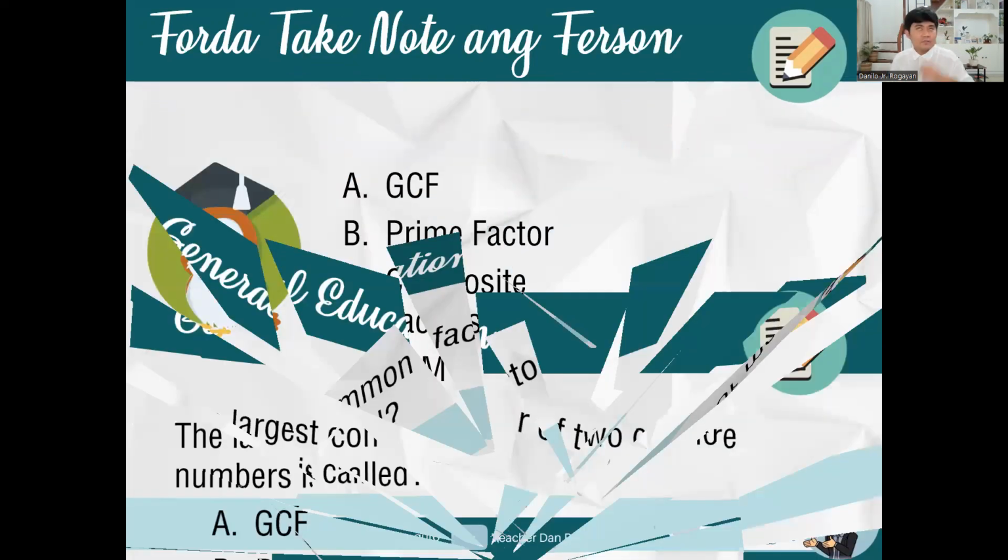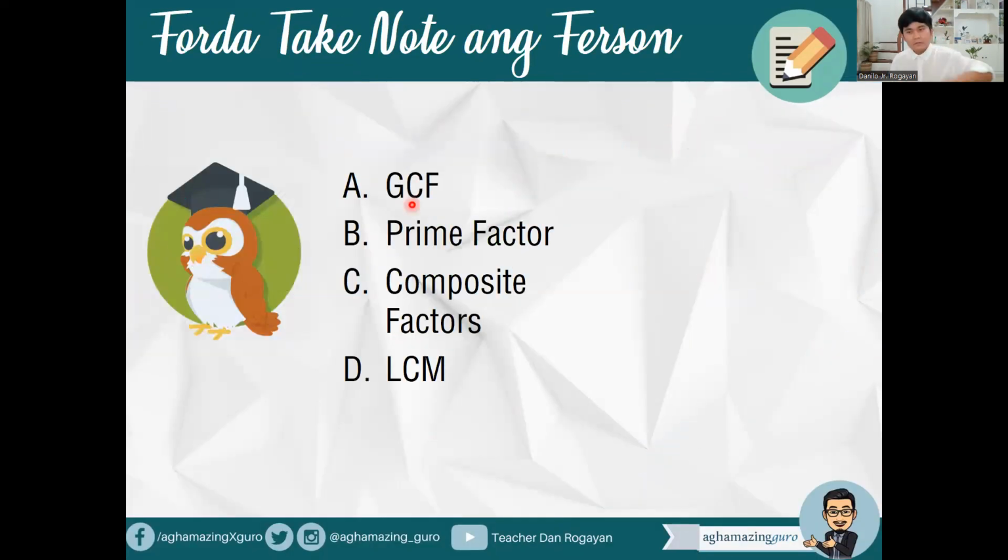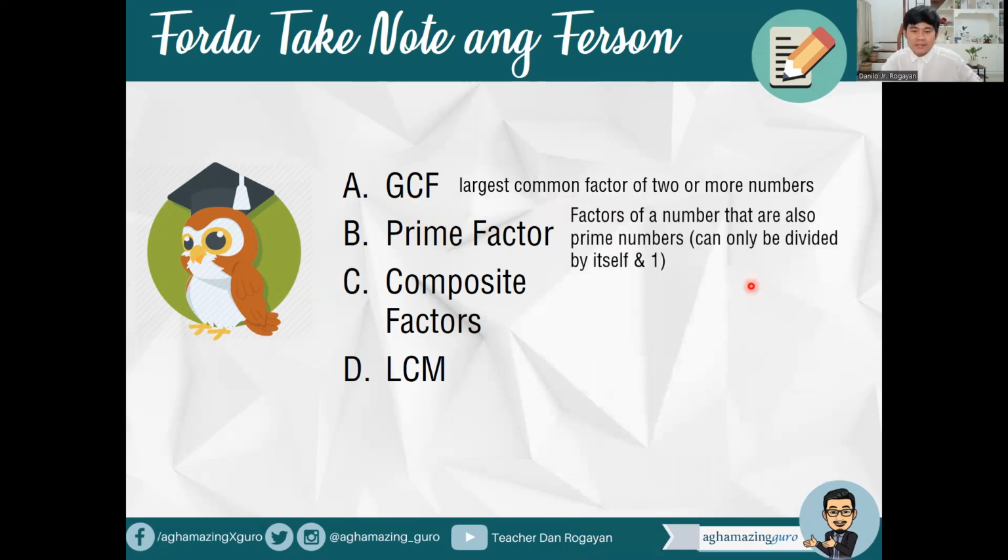Okay, so if we're going to differentiate the different alternatives, of course, we already mentioned what GCF is, no? It's the largest common factor of two or more numbers, while prime factor has something to do with factors of a number that are also prime numbers, or when we say prime numbers, they can only be divided by itself and one. So for example, number 2, no?